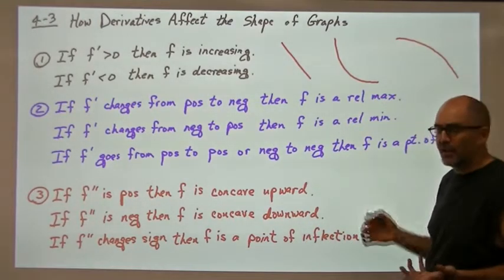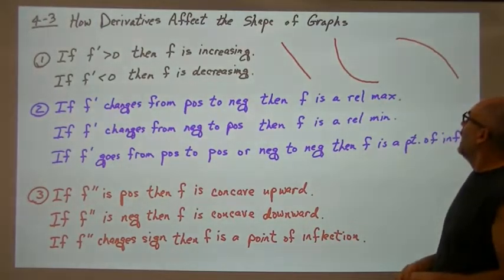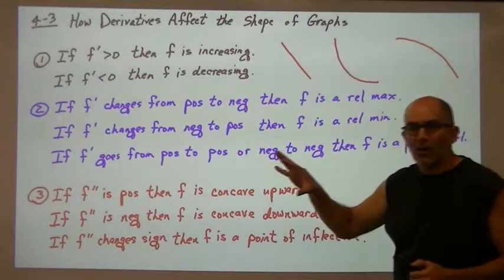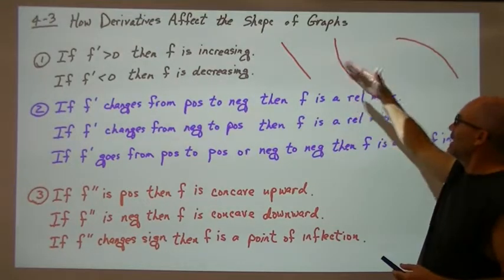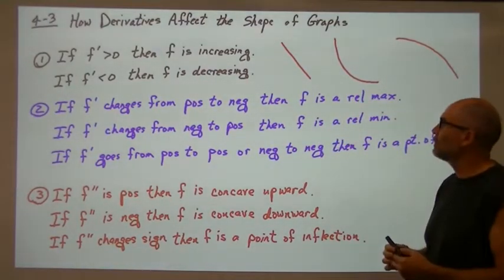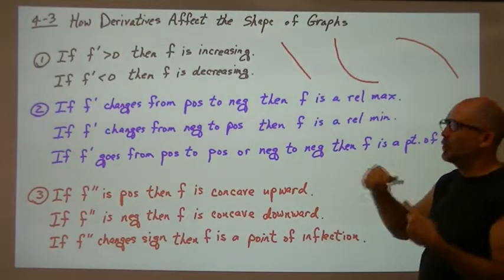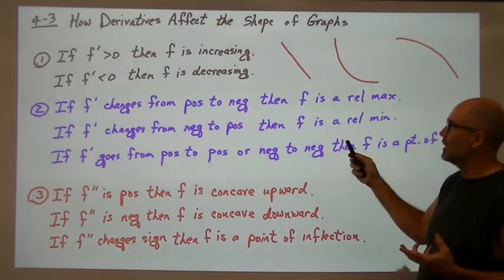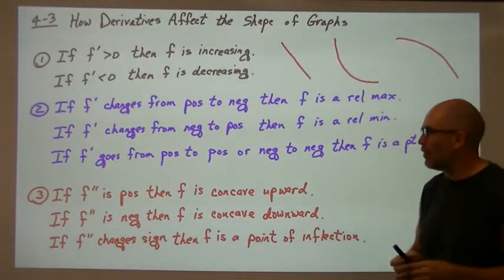But it's decreasing. Now, that doesn't tell us a whole lot. It just says it's going downhill as I go to the right, or uphill as I go to the right. So let's cruise onward to see more things about the function that's going to tell us about the curve.